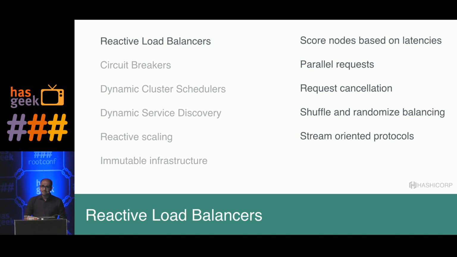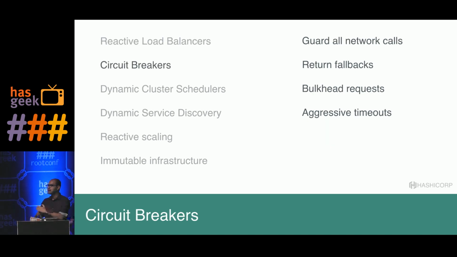What it basically means is that when a load balancer or a client makes a request, it doesn't request just one backend service. Protect against something taking too long by using a fallback, do bulkheads, and do aggressive timeouts.